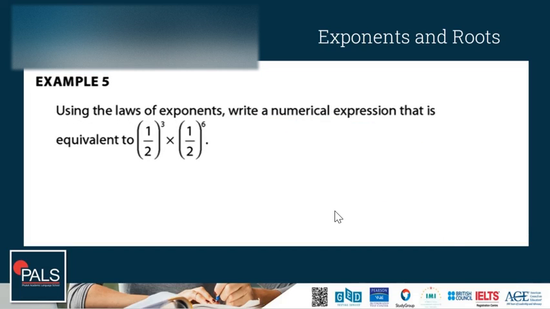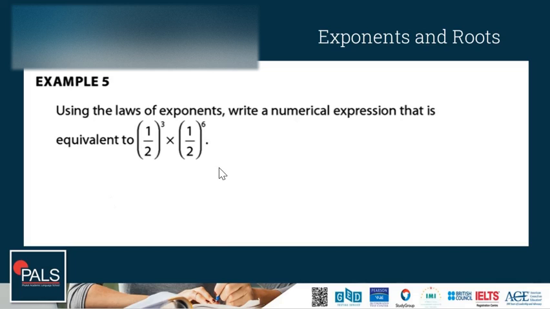Let's try another example. The instruction is using the laws of exponents, write a numerical expression that is equivalent to 1/2 cubed times 1/2 to the 6th power. Again, we will be writing a numerical expression that is equivalent to the given.